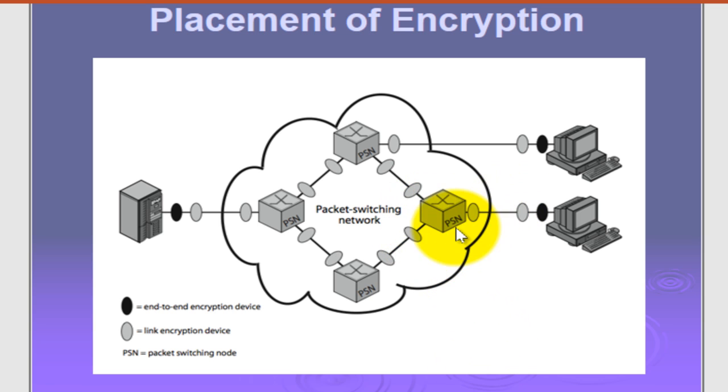But if you also place link encryption, what link encryption will do is it will also close your packet header, and that is decrypted at each and every packet switching network. So the packet header is decrypted here and once again encrypted when it is sent to the other network.